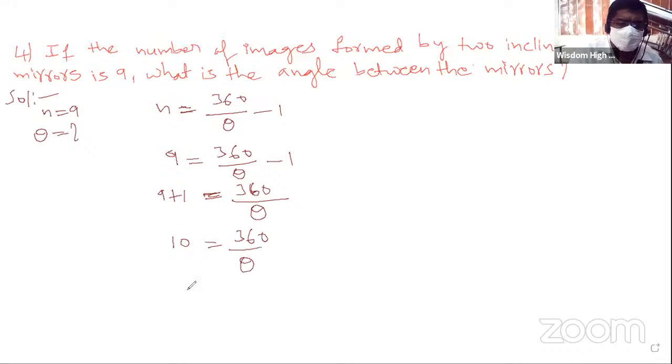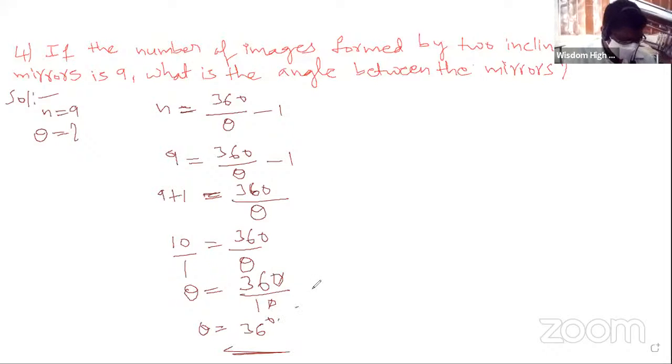Taking theta, we get theta equal to 360 by 10. Otherwise, by cross multiplication, 10 theta equal to 360, then theta equal to 360 by 10. So the zeros get cancelled. Then theta equal to 36 degrees. Once again, children, everyone concentrate here.